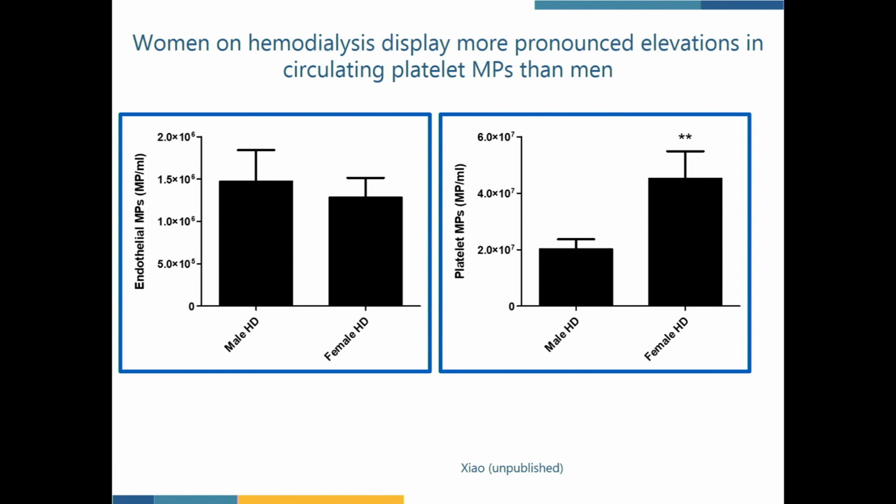And so if you look at the endothelial microparticles, the elevation in men and women appears to be about the same, because circulating levels are very similar between men and women. But in women on hemodialysis, we saw about a 2.5-fold, almost 3-fold increase in circulating platelet microparticles relative to men, and both of those populations are higher than the general population.